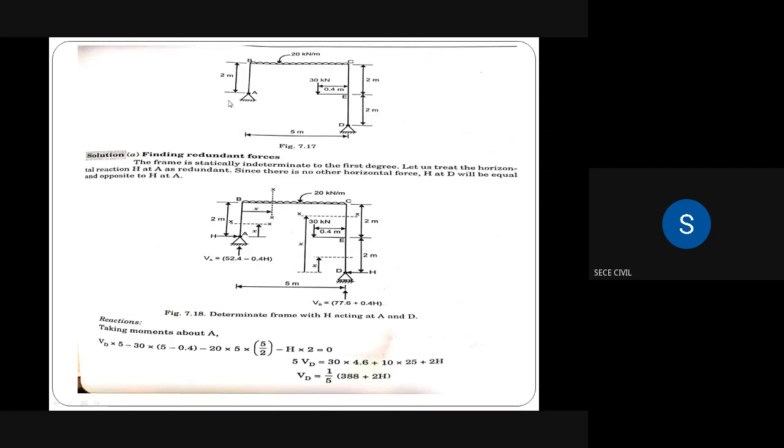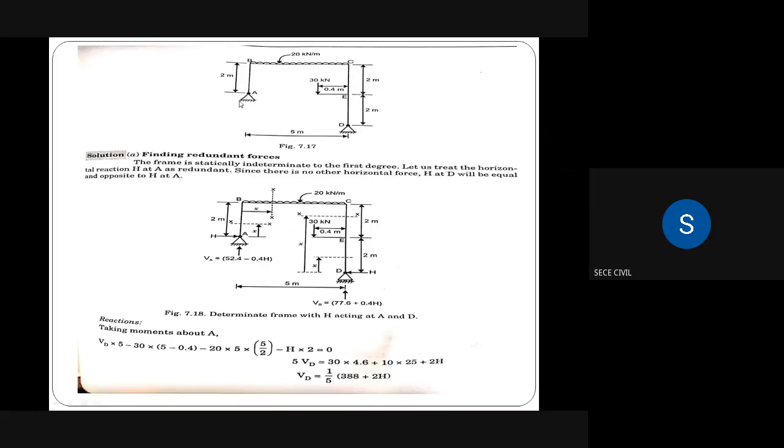The frame is unsymmetrical based on the length of the columns, that is AB and CD, which are unequal. The loading is only one load, a UDL in the span BC. So it is not asymmetrical because of loading, only because of the columns of the frame.